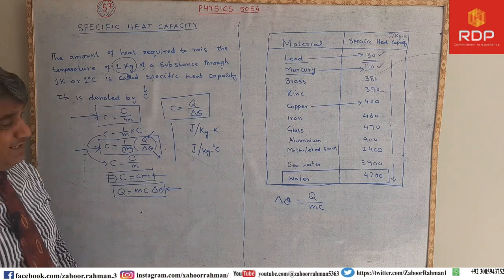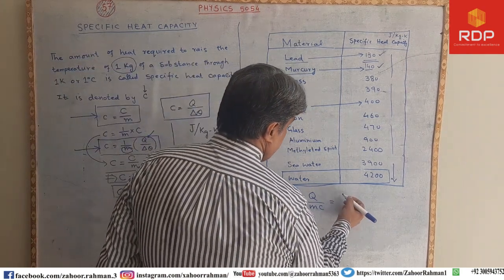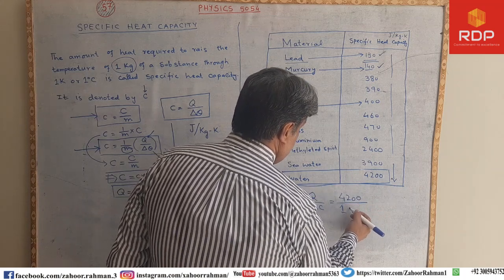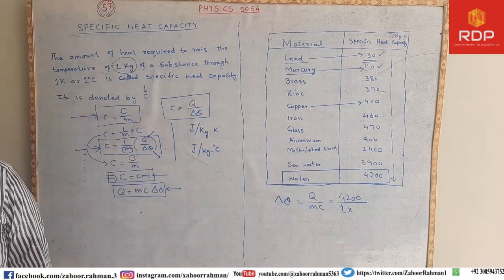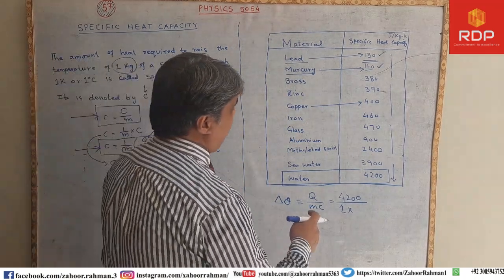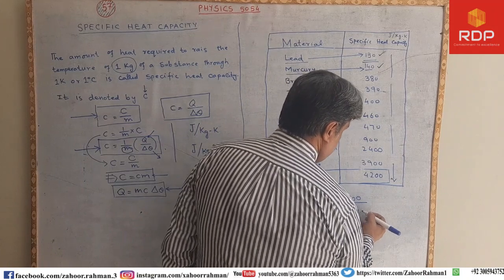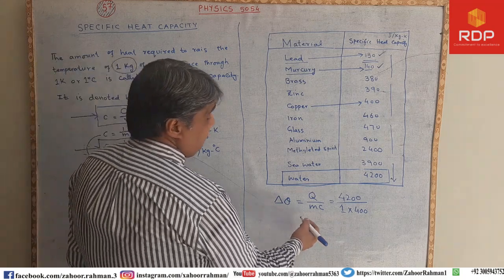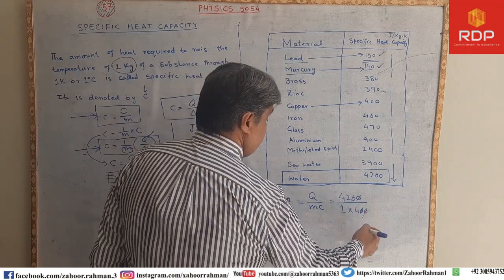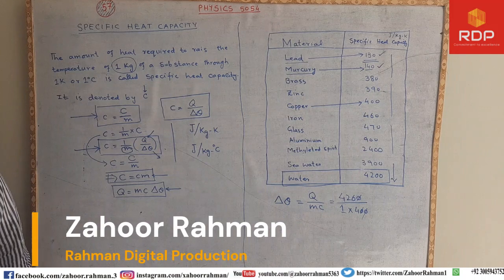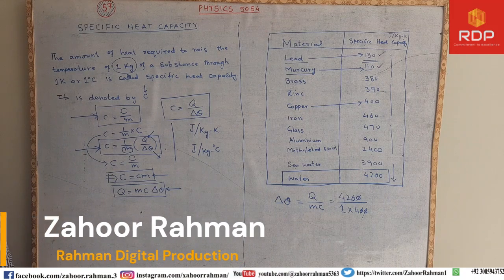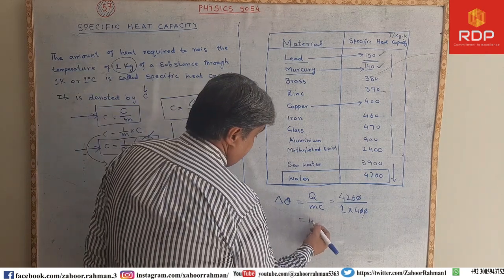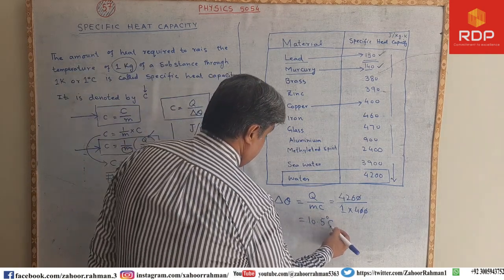Now you can see that there is 4200, mass is 1 kilogram, and the specific heat capacity for copper is 400. So these two zeros will be cancelled with this one, and if we calculate this, it will be 10.5 degrees Celsius.